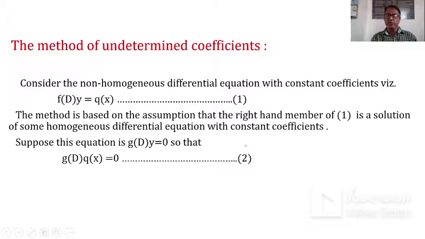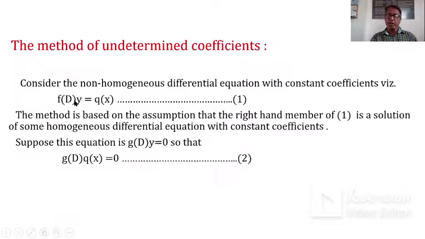Now, with the help of this method, since the right-hand side is the solution of the homogeneous differential equation with constant coefficient, with the help of this we convert this non-homogeneous differential equation 1 into a homogeneous differential equation by using this g of D, which occurs in this equation. We convert this non-homogeneous differential equation into what? Homogeneous differential equation by using this operator g of D.